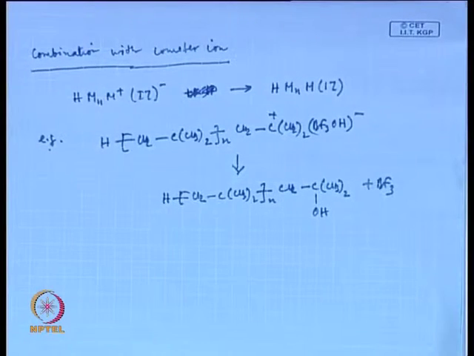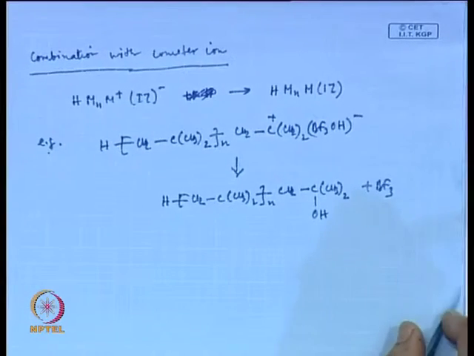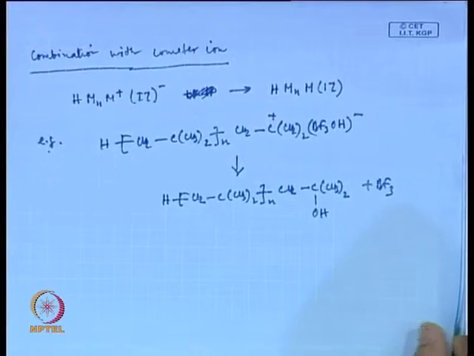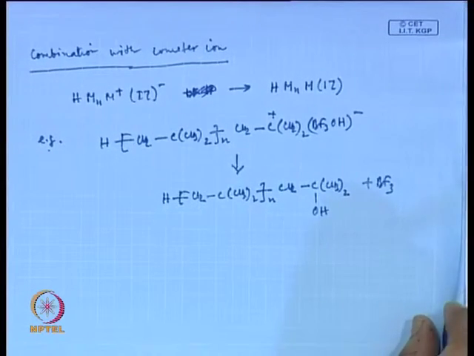Now, there could be some reagents present, like in case of radical chain polymerizations, where these reagents can slow down the cationic chain polymerization considerably.